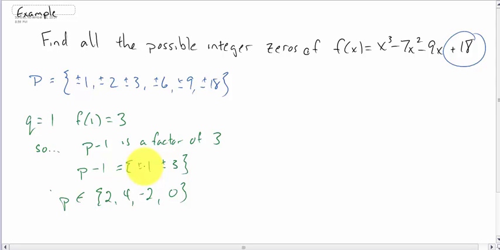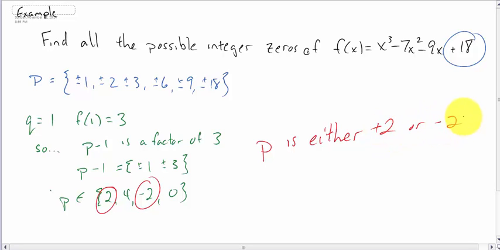From the theorem, we know that p has to be one of the first list of numbers. From the corollary, we know that p has to be one of these numbers down here. So what do they have in common? These two lists have in common positive 2 and negative 2. So p is either positive 2 or negative 2.